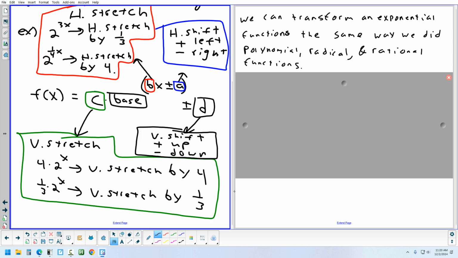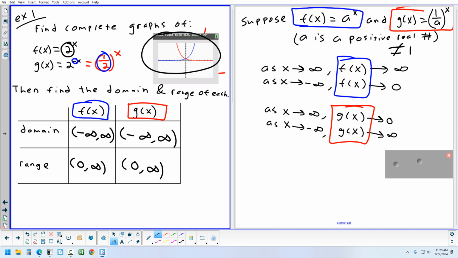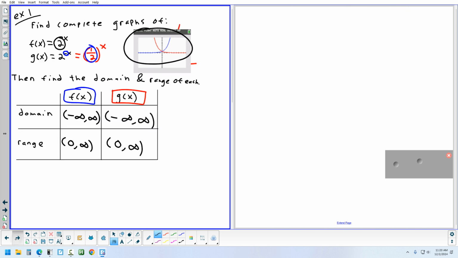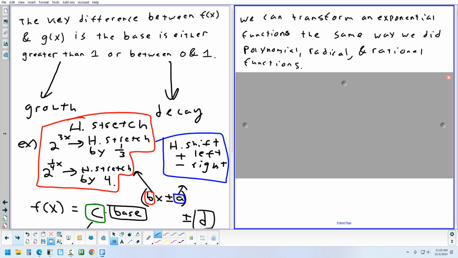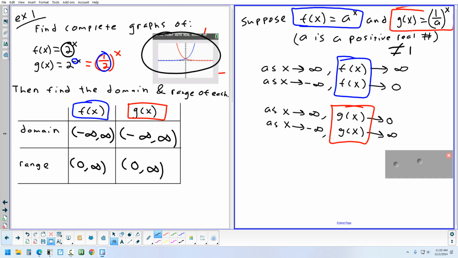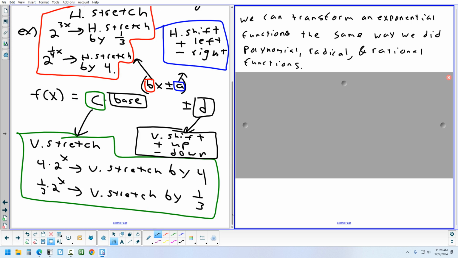Okay, now there are always 6 transformations. That describes 4. The B and the C can each do something else. And we've already seen an example specifically with the B in this picture right here. What happens if B is negative? Yeah, we get a reflection. If the B is negative, it causes a horizontal reflection. So I'm just going to add that as a note at the bottom.